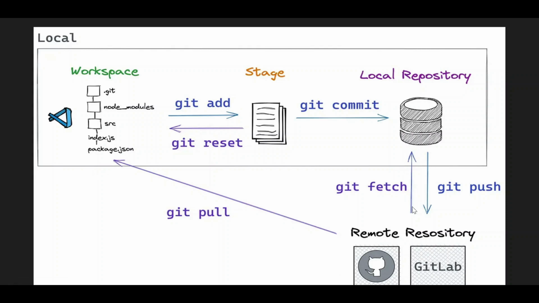There is one more option, git fetch. Git fetch helps us understand what different changes or commits are present in the remote repository. All these operations we will see in our upcoming demo, and we will learn each thing one by one. So nothing to worry about right now.